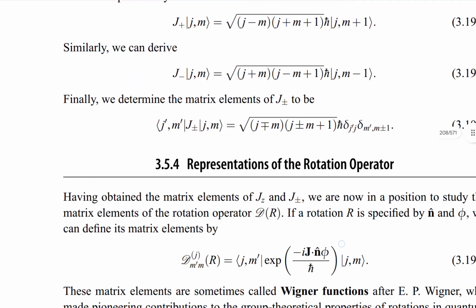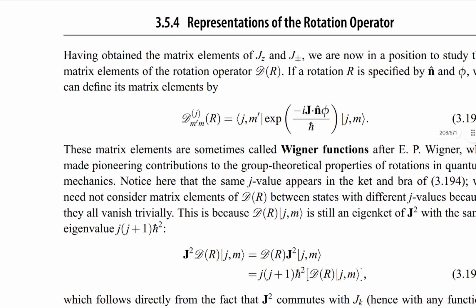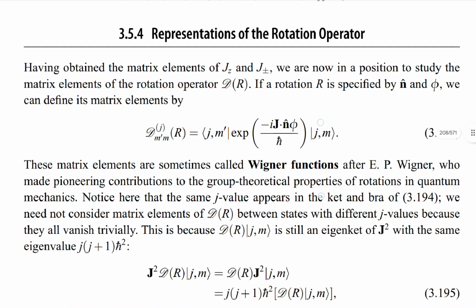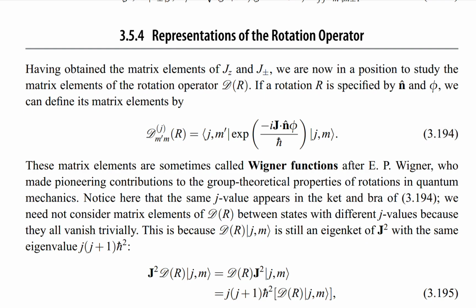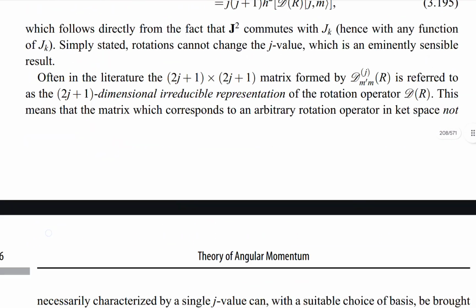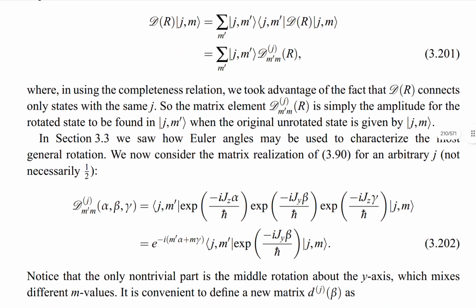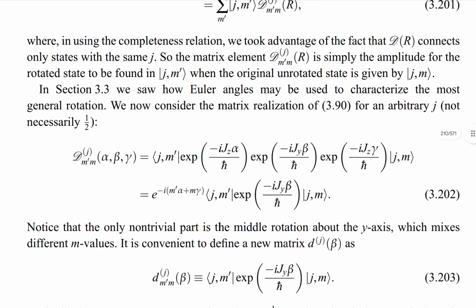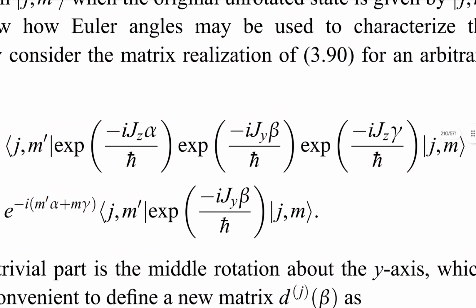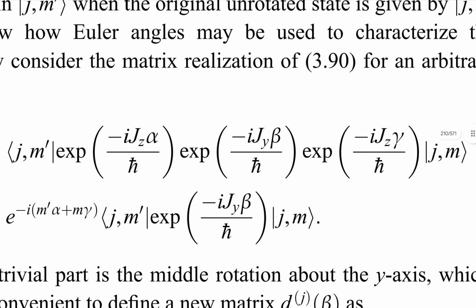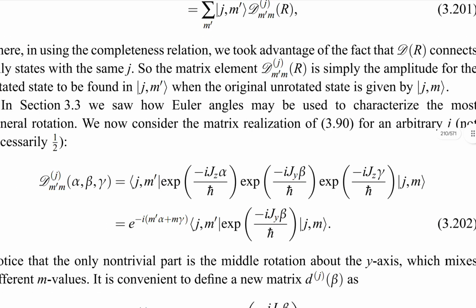Representations of rotation operator. He wrote something like this. The very reason is that what we did before can be done in this way. So since we know that any rotation can be split in terms of alpha, beta, gamma, we get something like this.